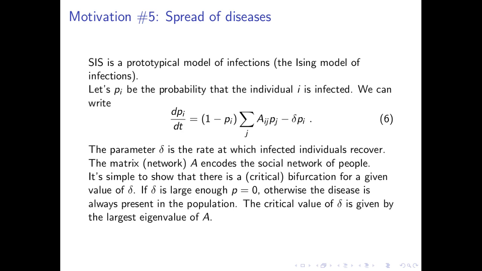If instead delta is smaller than a critical value, then there is a finite fraction of individuals that are infected, and the critical value of this parameter is given by the largest eigenvalue of this matrix A, which encodes the probability that two individuals are in contact. So again, studying the properties of these contact matrices, and actually their eigenvalues, gives important information about whether a disease spreads or not.